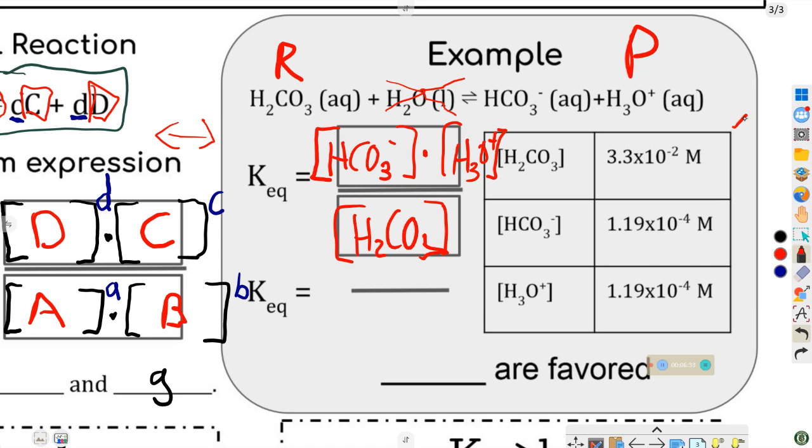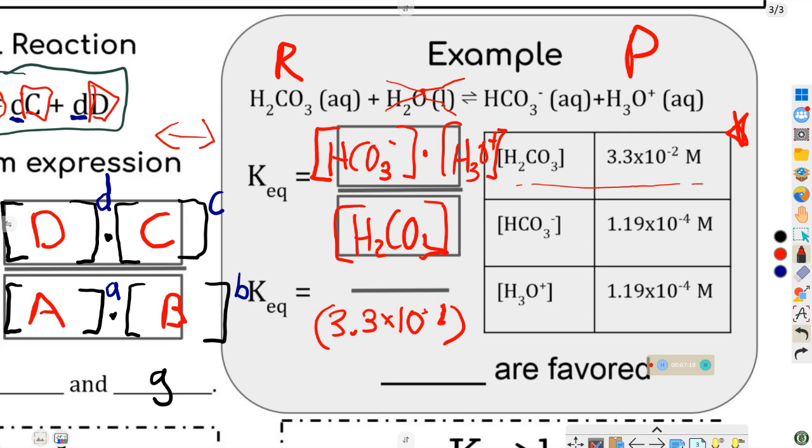Now over here, we have a nice little data table that gives us the concentrations at equilibrium. I am going to take my information here. For the carbonic acid, H2CO3, you would have 3.3 times 10 to the negative second on the bottom.